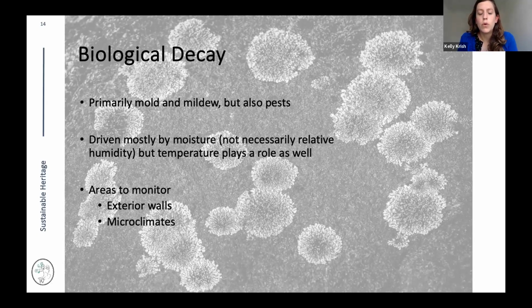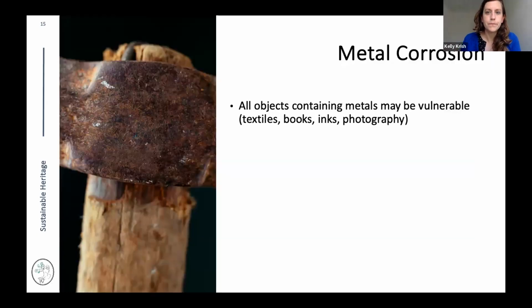We can see mold germinate there, and anywhere where there's a microclimate, which really I just mean if it's a place that tends to be in particular cooler than the rest of the space or with less airflow, those tend to be the areas that are more prone to microclimates, and that's why we always encourage good airflow throughout a room. Finally, metal corrosion. Won't say too much about this except to say that sometimes metals are part of more objects than we may traditionally think of, and at higher levels of relative humidity, metals corrode faster.